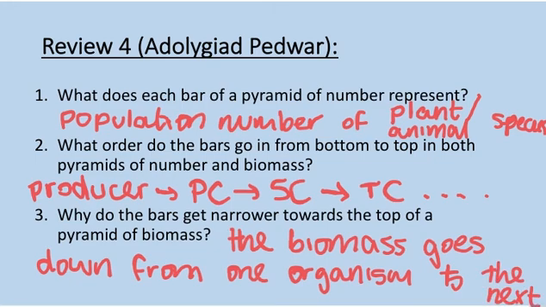Okay, so another word for goes down would be decreases. So the biomass decreases from one organism to the next, and that's why the bars get narrower towards the top of a pyramid of biomass. So give yourselves a mark out of 3 for this one.